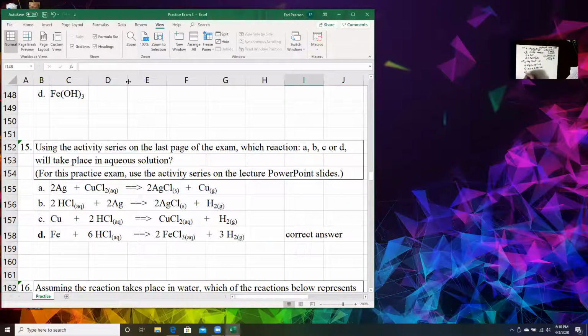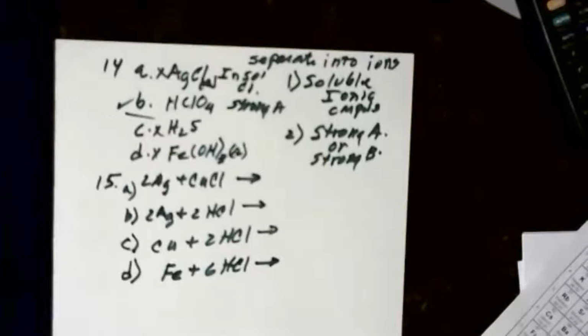And then the D is iron plus 6HCl going to, it's going to be iron chloride and H2 gas coming out. So let's see which of these could possibly happen. Now, I didn't show you what I had.